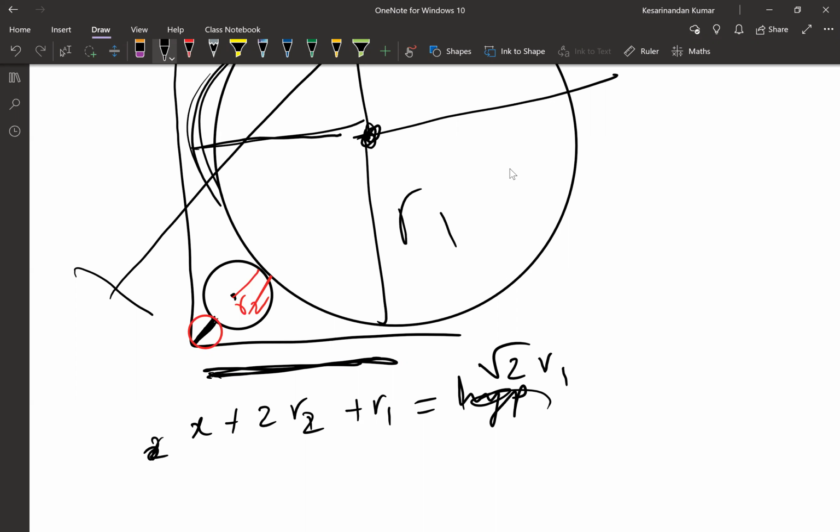What one more equation can you find? Mind you, this circle also touches this line here and here. And I don't even know R2, I just know R1. So in this equation, there are two unknowns, R2 and X. Two unknowns, one equation, you cannot find the answer.